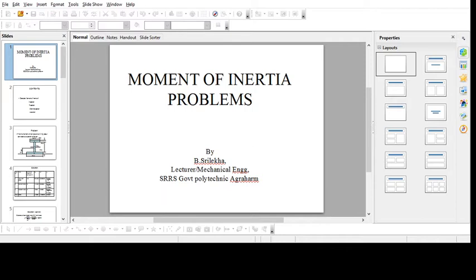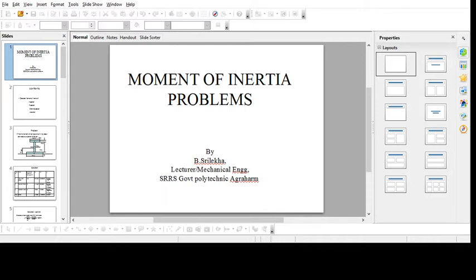So let us once again remember how to find moment of inertia for composite sections. To determine the moment of inertia of a composite body, first we have to draw the composite area. Next you have to divide that area into simple plane areas such as a rectangle, a triangle or a square.